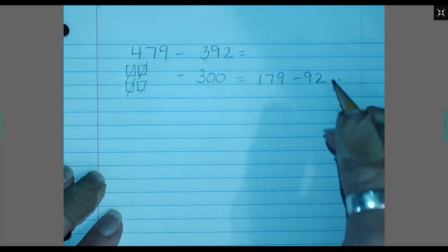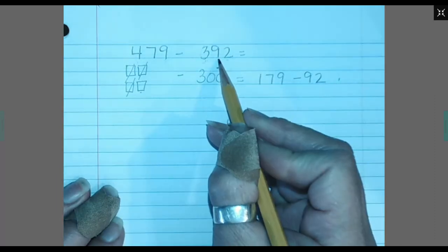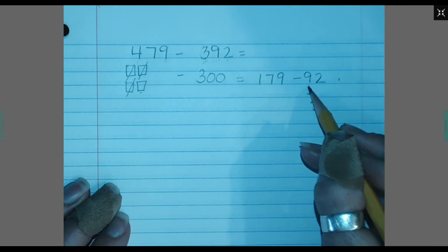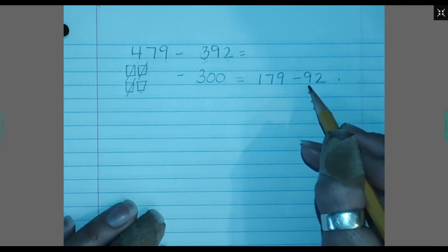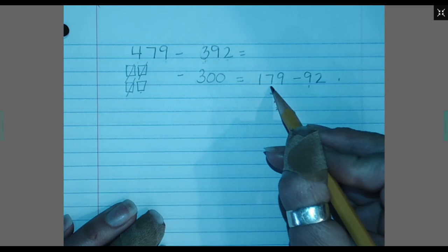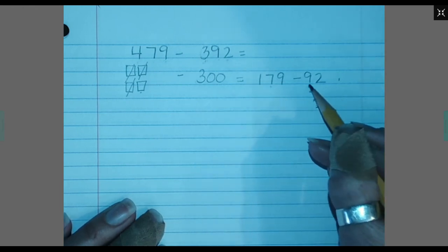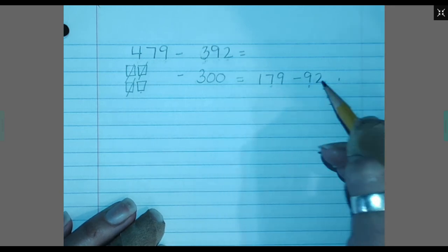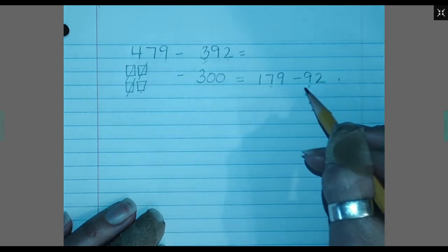So now I'm going to take away my tens place. I have 9 tens to take away, or the value of 90. Oh no, look at that. I can't take 9 tens away because I only have 7. So let's just take 7 tens away.